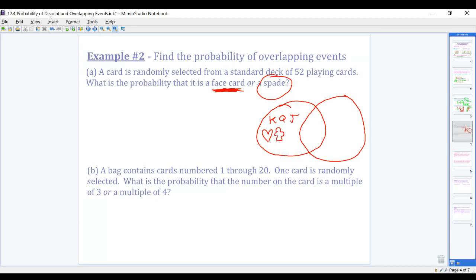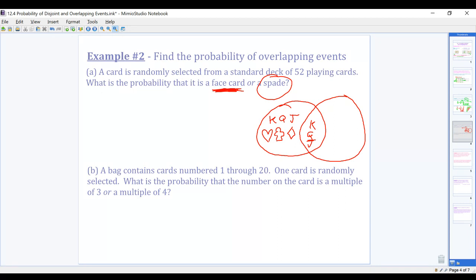Clubs, right? And then diamonds, right? That's one possibility, but there are ones that are spades, king, queens, and jacks. That's the other shape. I can't draw it very well.